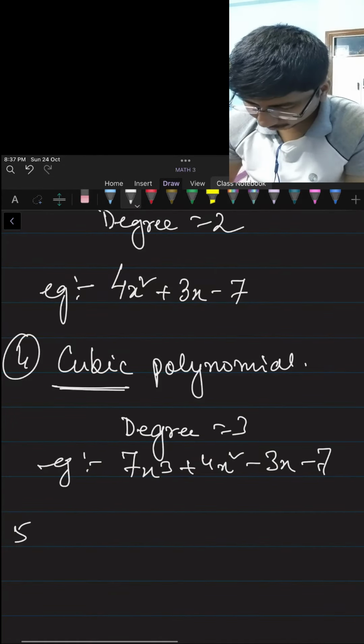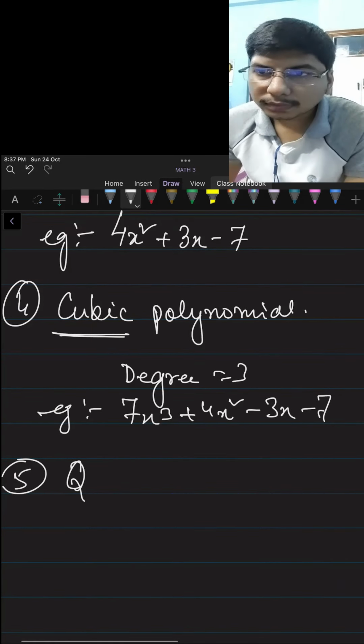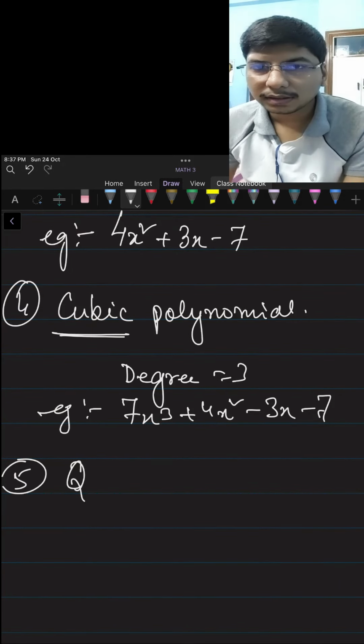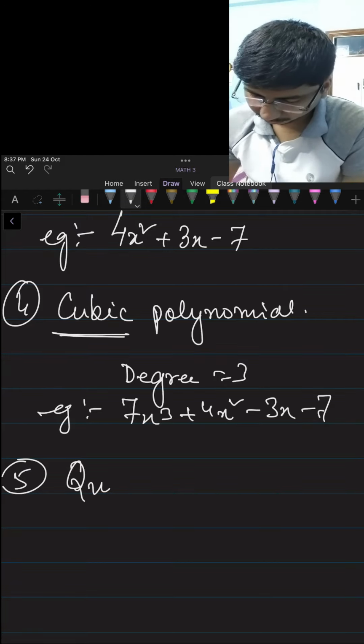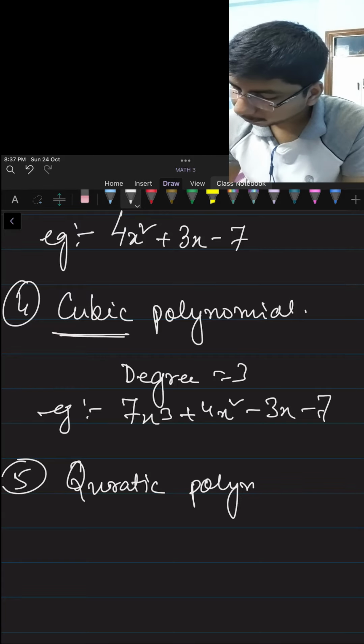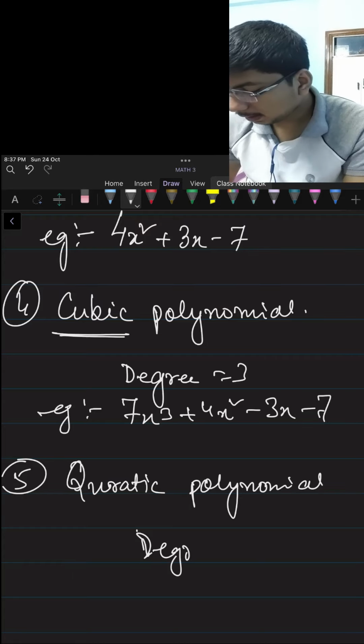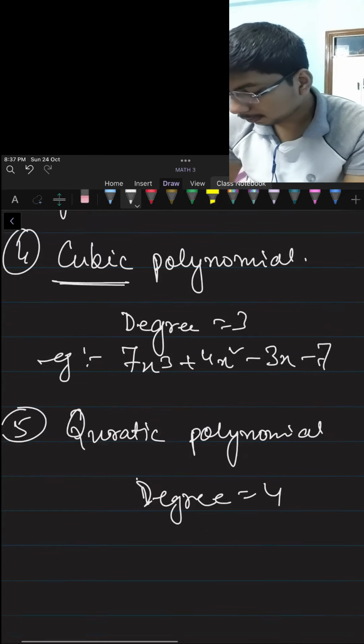And last, the quartic polynomial. Similarly, here the degree will be 4.